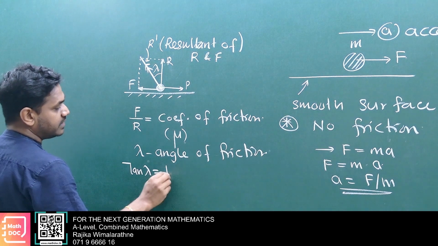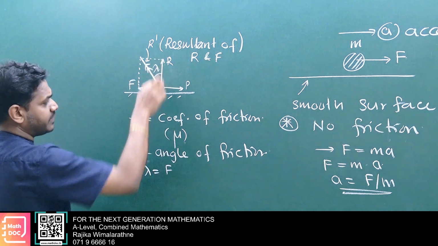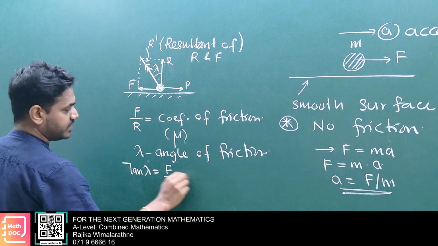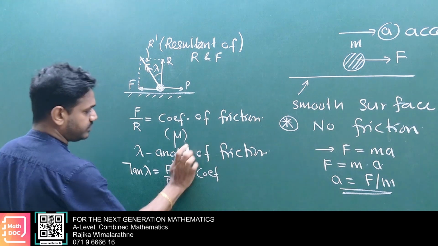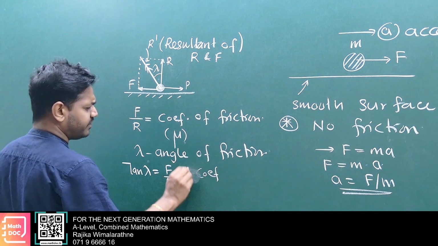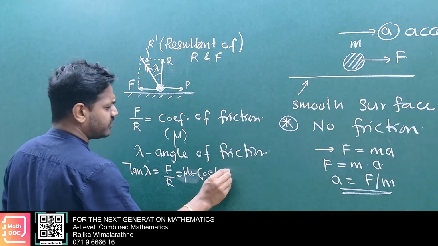Therefore tan lambda equals F divided by R. Then tan lambda represents mu, the coefficient of friction.